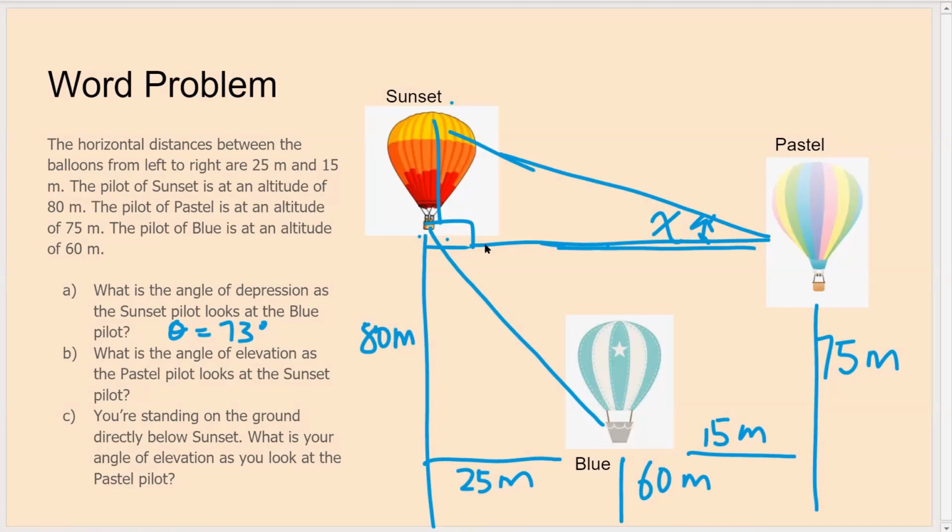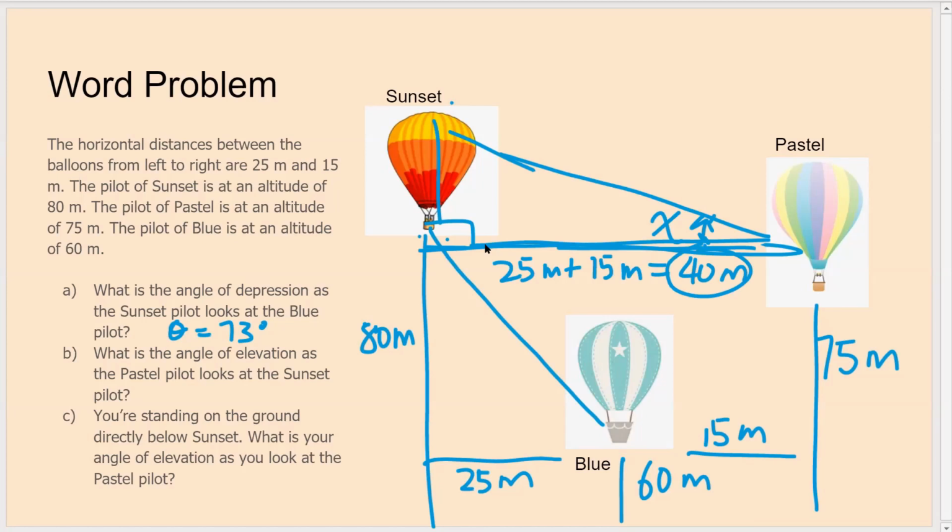So this entire horizontal length would be 25 meters plus 15 meters, which is equal to 40 meters. So this 40 meters is the length of the adjacent of X.